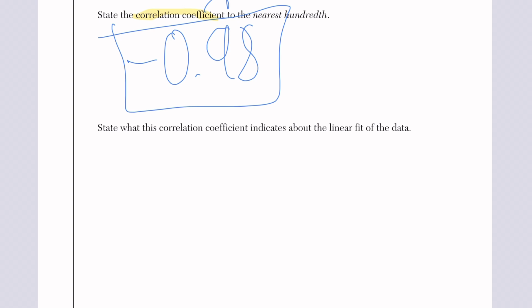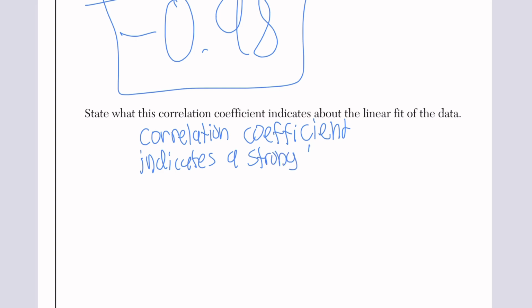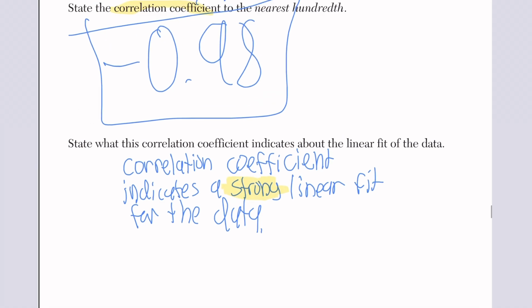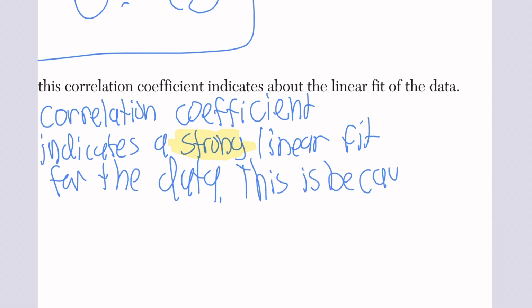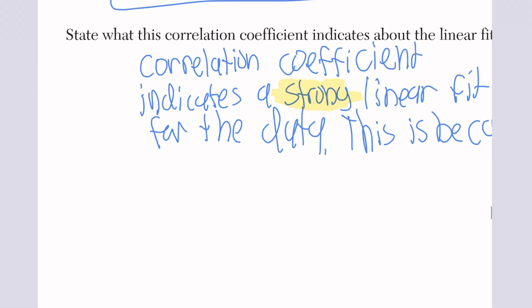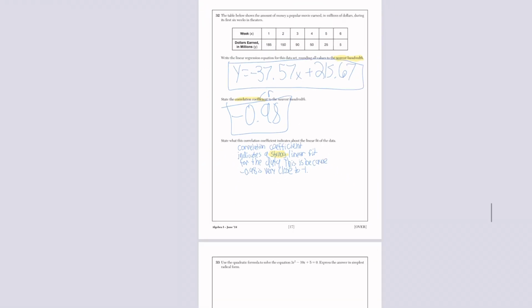So that means the correlation coefficient indicates a strong linear fit for the data. Keyword here is strong. And you could even add a sentence: this is because -0.98 is very close to -1.